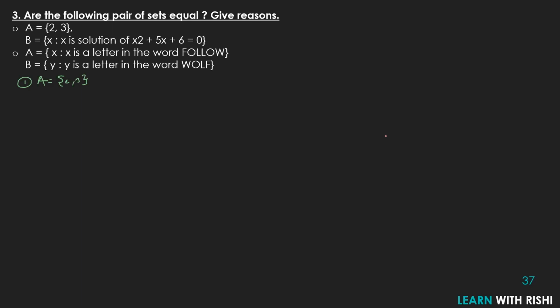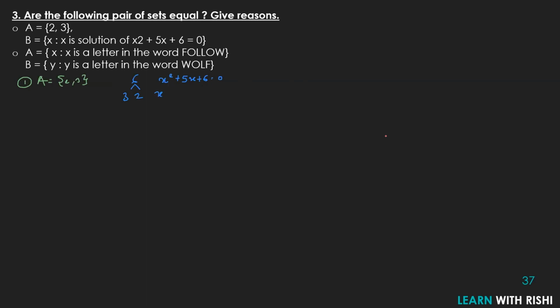Now here they have given us a quadratic equation that we have to solve. So x square plus 5x plus 6 equal to 0. In 8th standard, you have learned how to solve a quadratic equation. So first we need to find the factors of 6. 3 times 2 is 6 and 3 plus 2 will give you 5.